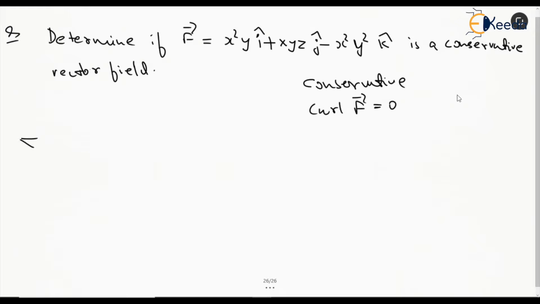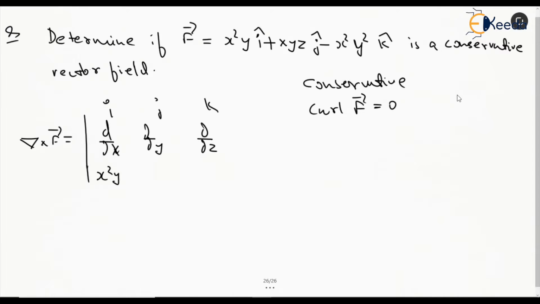So curl of F will be the determinant with i, j, k, then d/dx, d/dy, d/dz, then x squared y, xyz, and minus x squared y squared, right?